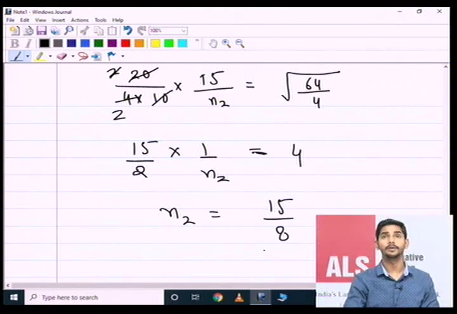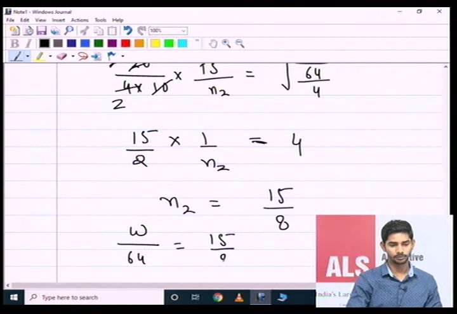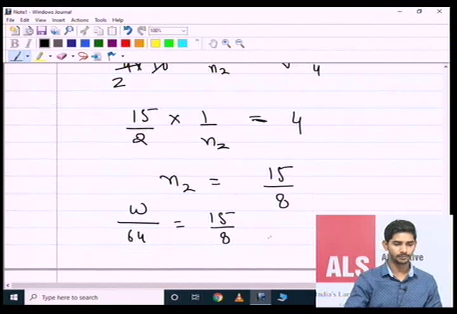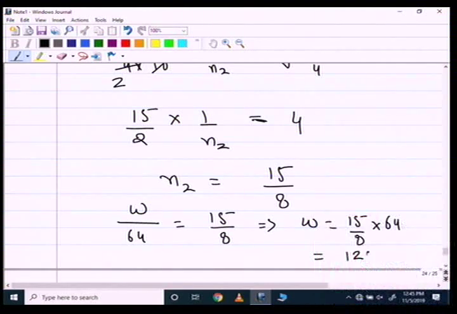Now I have to calculate the mass. So W upon molar mass, which is 64, is equal to 15 upon 8. Just cross multiply. W will be equal to 15 by 8 into 64. 8 8s are 64 and 15 8s are 120 gram.